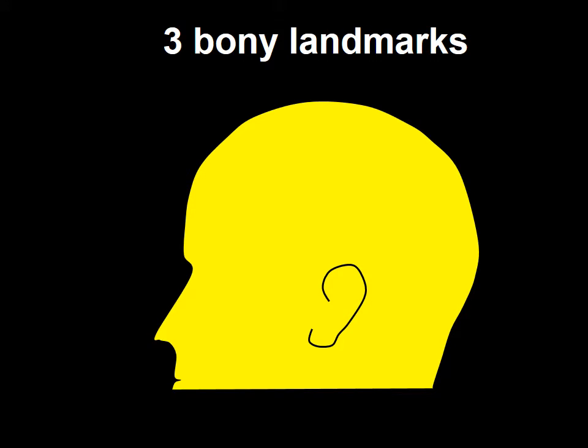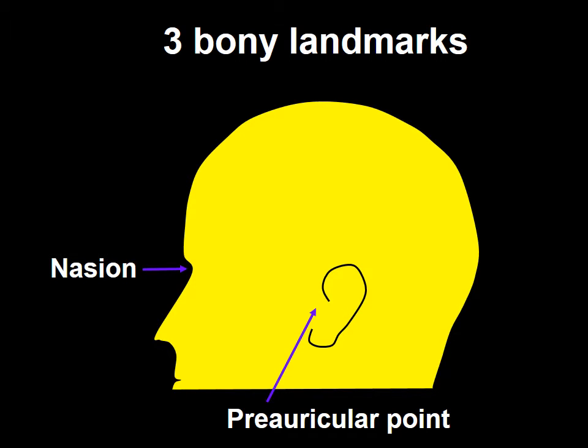The process starts by finding three bony landmarks. These landmarks are the nasion. The nasion is the indentation between the forehead and the nose. The preauricular point. The preauricular point is the indentation just above the tragus.